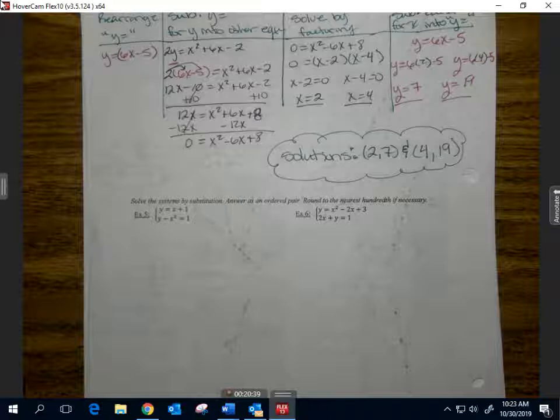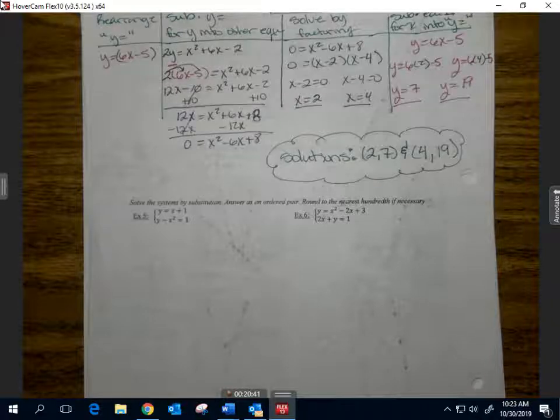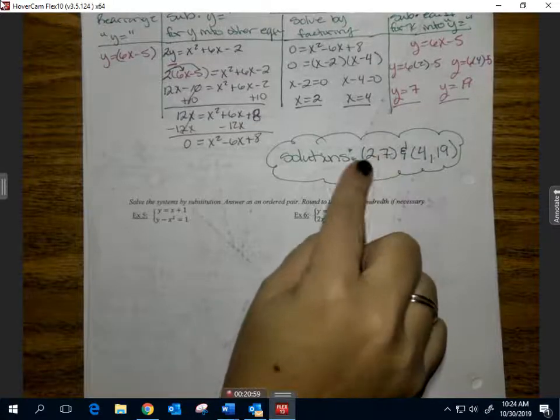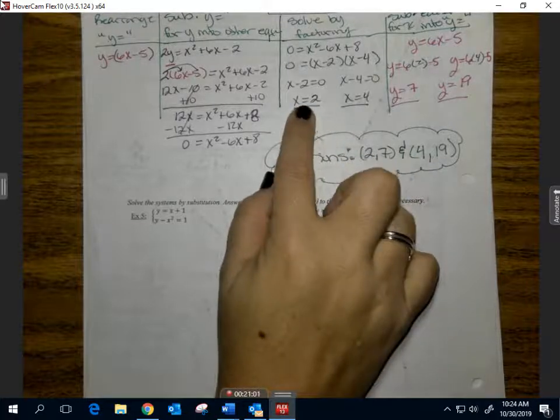Does it matter if I put the 4 first? You put 4, 19, you mean right here? No, I'm talking about on the solve box. Oh, no, that's okay.